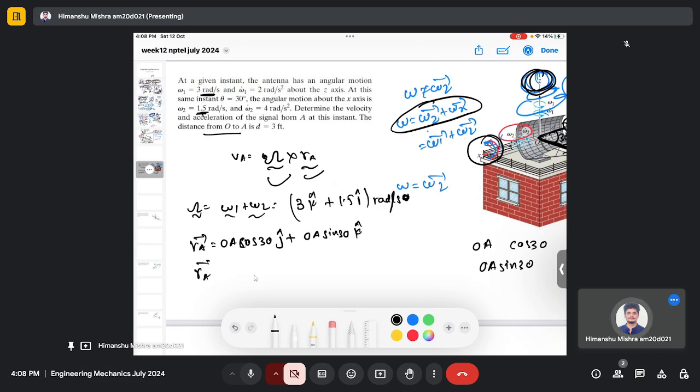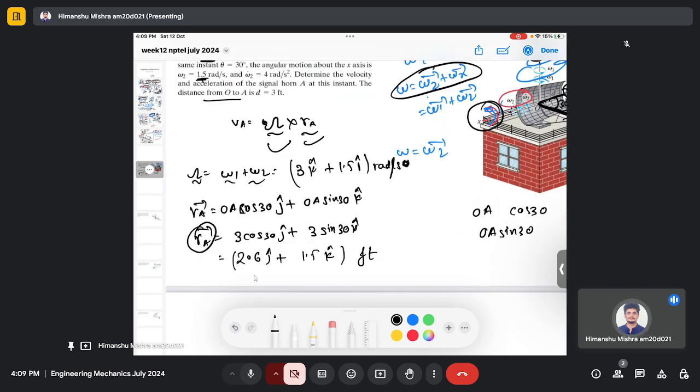So RA will be 3 cos 30 j cap plus 3 sin 30 k cap. So it will be 2.6 j cap plus 1.5 k cap, in feet.